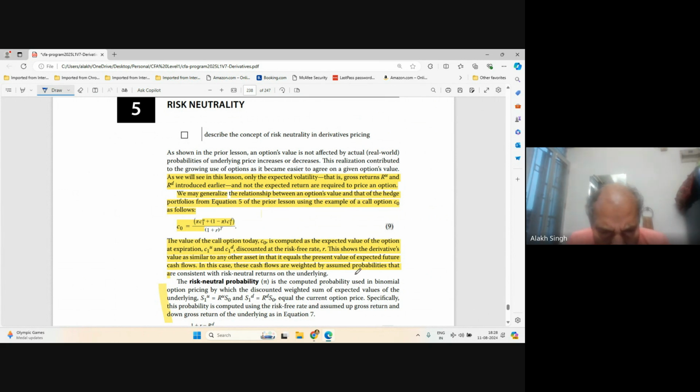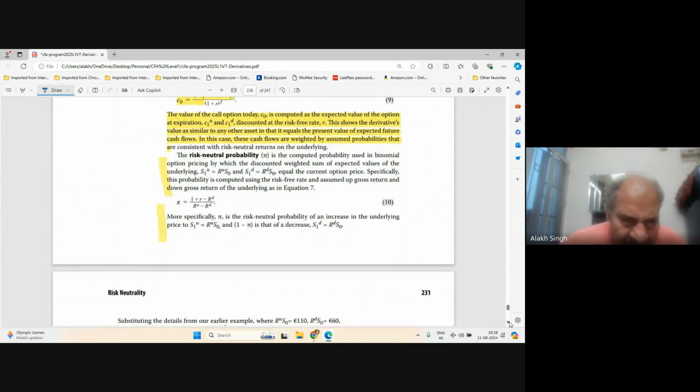You know the statistics, so it is very easy to calculate. The total probability is equal to 1. How to compute the risk neutral probability? We knew RU and RD. RU is S1U by S0, and RD is S1D by S0.